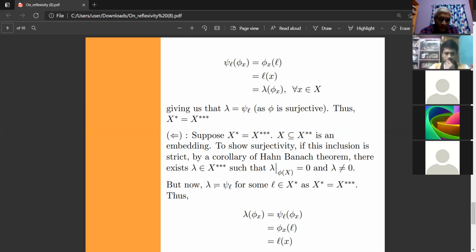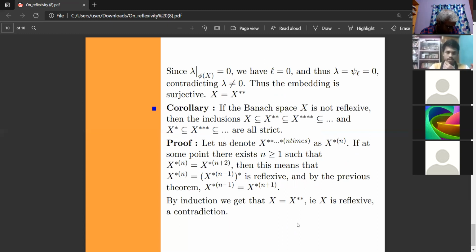So lambda is equal to psi L for some L belonging to H star. Thus, lambda of phi h is going to be psi L of phi h, which is phi h of L, equal to L of h.